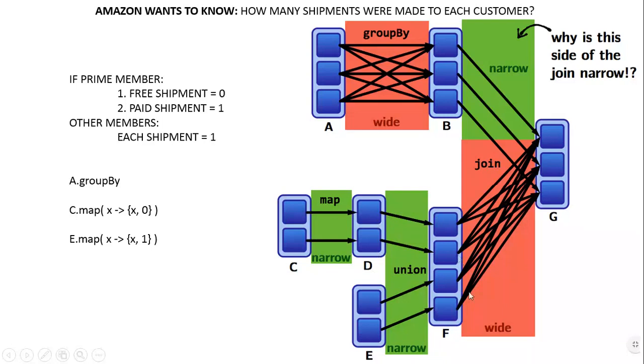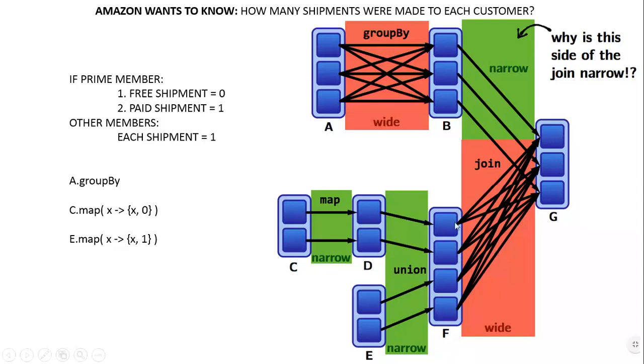All right. Now, finally, we need to do a reduce operation. Okay. So here you have member IDs and number of shipments. And here you want a completely reduced set that shows member ID and the total number of shipments. So what is going to happen?